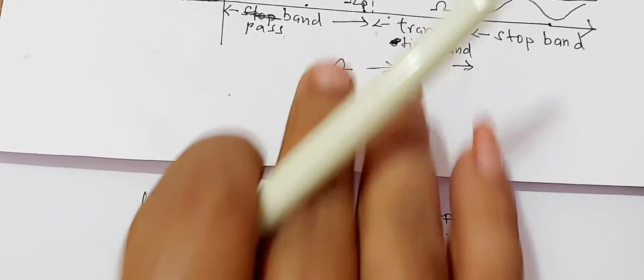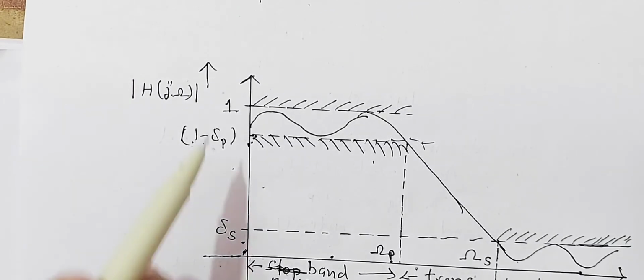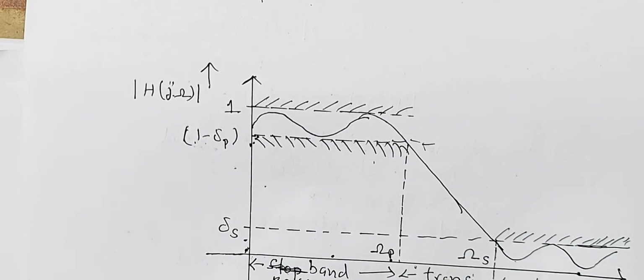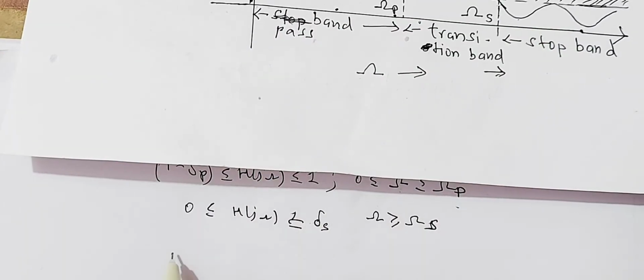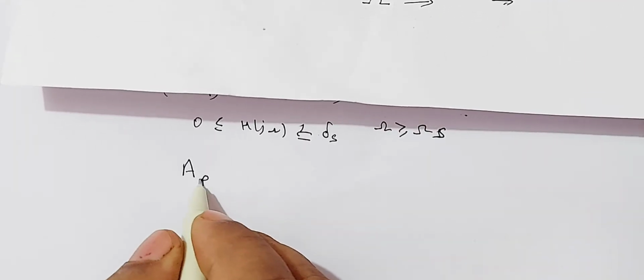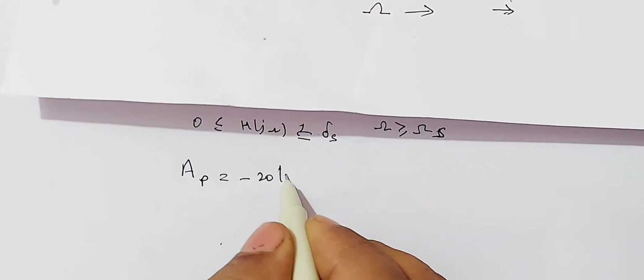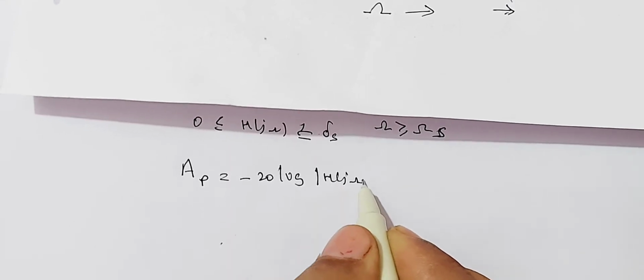And I will consider this magnitude frequency response in terms of decibel value. How do you consider this in terms of decibel value? First, I will write A_P, attenuation in pass band, which is given by minus 20 logarithm of mod H of j omega.